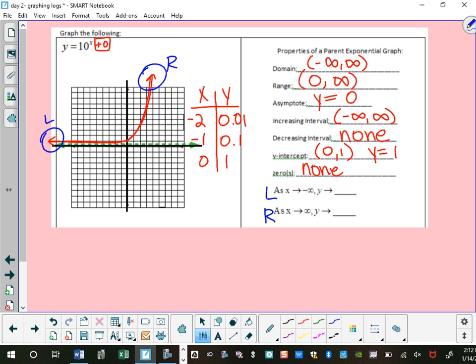My left end behavior is getting closer and closer to the asymptote, which is what? What's that line called? The asymptote, which is what? 0. All right, my right end behavior is going all the way up towards positive infinity.